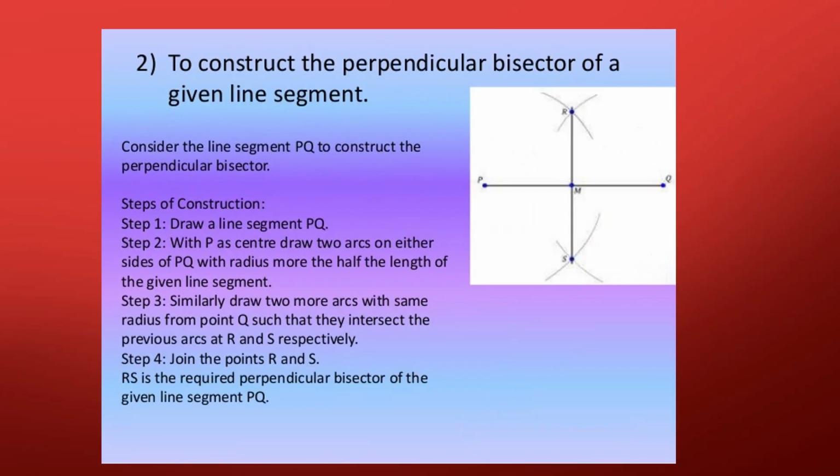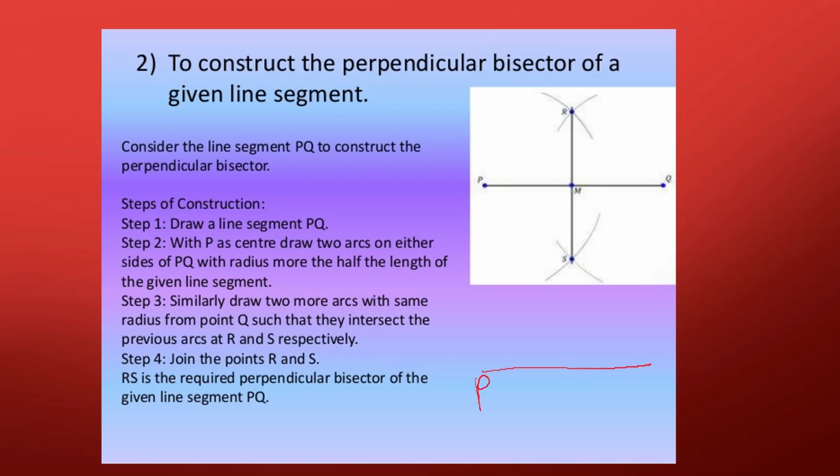Next slide, how to construct the perpendicular bisector of a given line segment. Dear, you have had more practice in the earlier classes. Consider a line segment PQ. Step 1, draw a line segment.